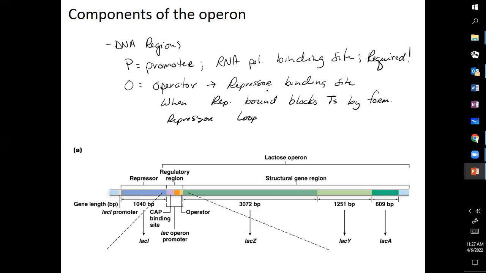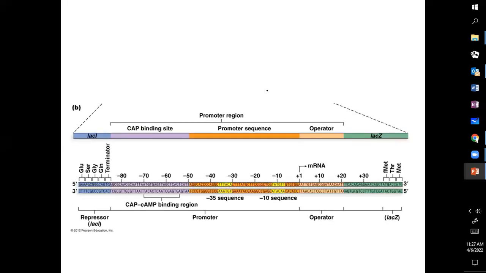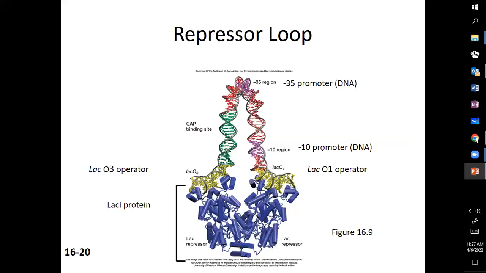So let's take a closer look at the mechanism of this. Here's our promoter sequence in orange. Remember our -10, our -35 sites. This operator actually overlaps this. There's another little region over here that's not shown, and it goes into the gene itself a little bit. There's the operator binding site. Here is the repressor protein. Remember, it's a DNA binding protein. It recognizes this sequence.